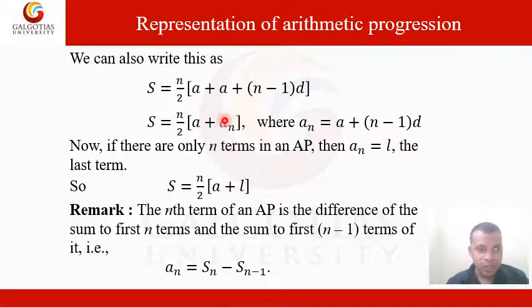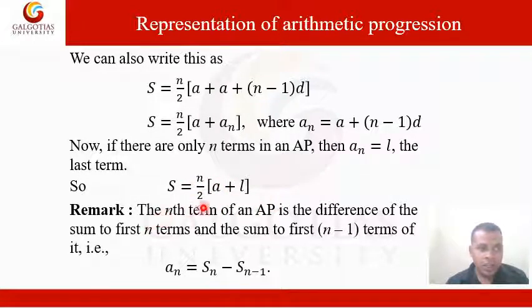Your last term is an. If there are only n terms in an AP, then an is equal to L, the last term. So I can have S equals n by 2 into a plus L.